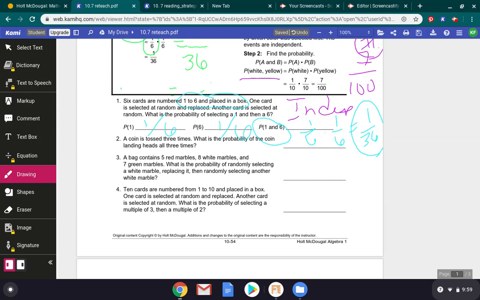All right, let's take a look at number 2. Number 2 says here, a coin is tossed 3 times. So it's the same coin, but we're doing it 3 separate times. What's the probability that the coin lands on heads all 3 times? All right, so for the first time, landing on heads, that's a 1 out of 2 chance. Then we flip the coin again. Well, all of our probabilities start all over again.